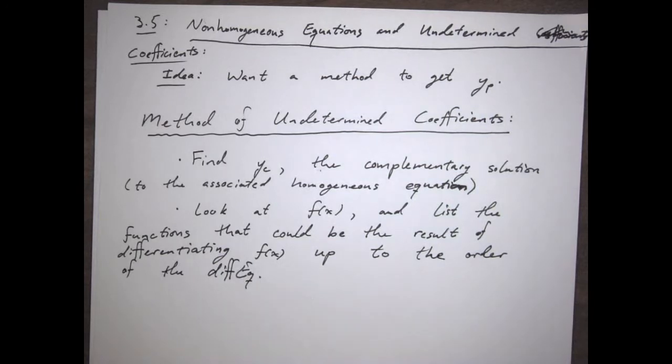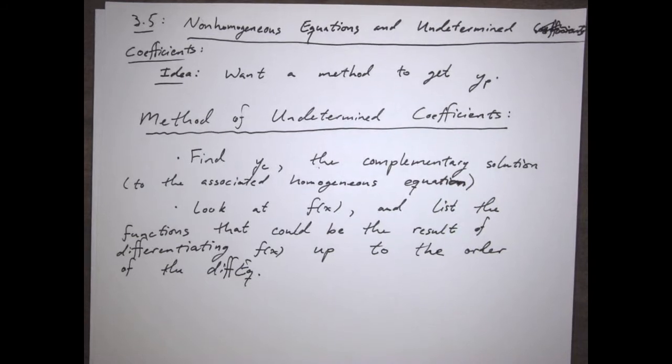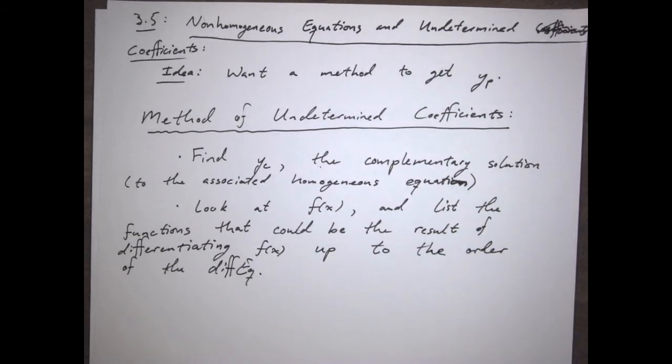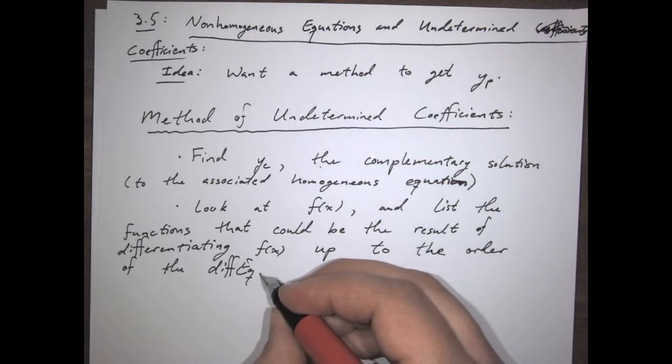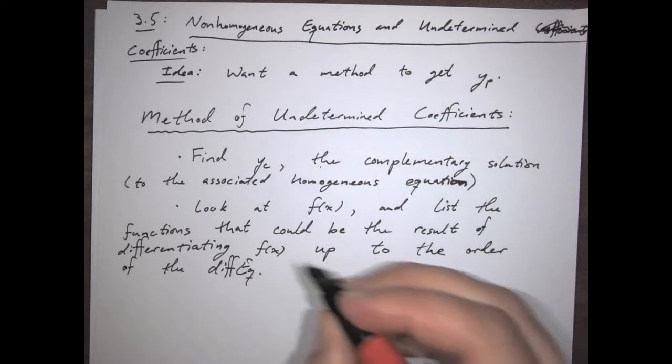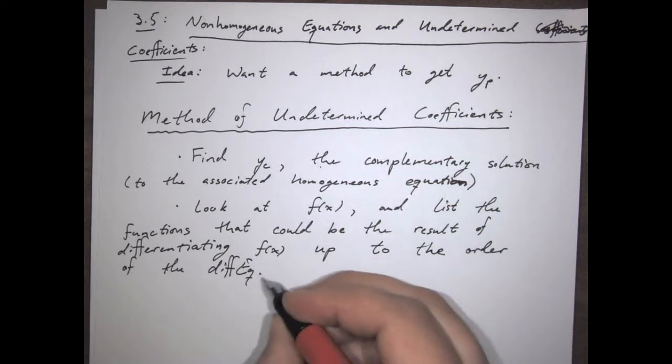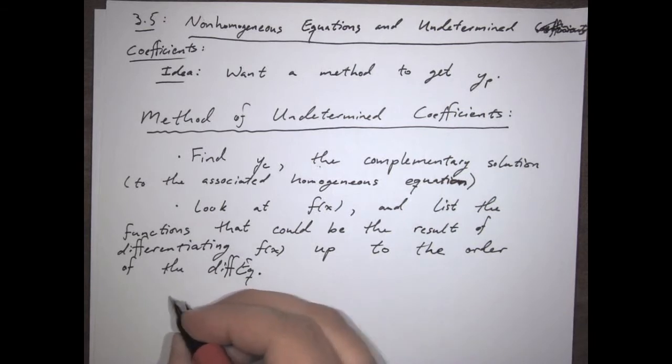So what that means is if it's like an x squared, then you should include such things as the 0th derivative, first derivative, second derivative. So you should have such things as constant terms and possibly just x's, and then x squareds as well.